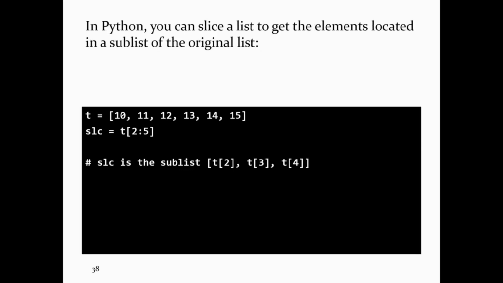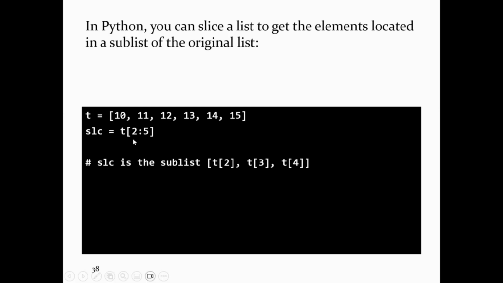Okay, with Python lists, you have a way to slice a list. You can get a sublist from an existing list, which is really handy in many cases. The slice in Python uses the colon operator. For example, slicing the list t starting at the 3rd element, going up to but not including the 6th element.